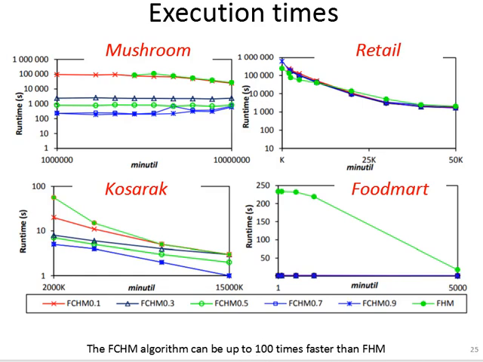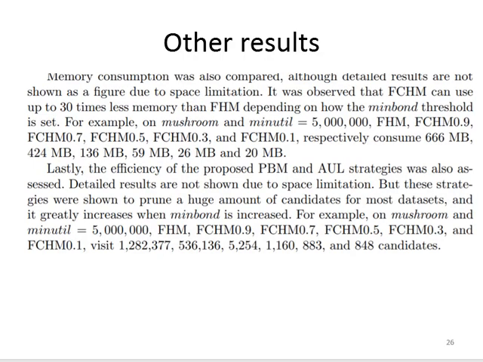So not only do we find fewer patterns, the correlated patterns, but it is also much faster. It can be 100 times faster. So it's very interesting, I think. We also did some experiments about the memory, but we skip this part. You can have a look if you want.